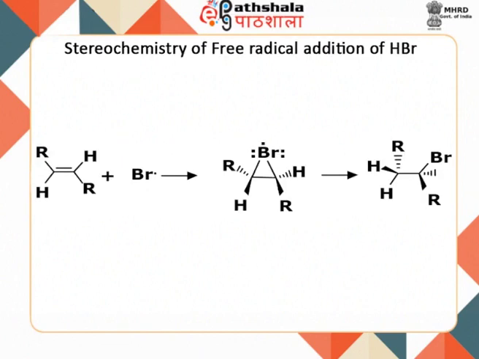We will discuss the stereochemistry of free radical addition of HBr to alkenes. This favors anti-addition. This is contrary to the concept that the free radical generated can also rotate about the C-C bond, having the radical sp2 carbon, to give a mixture of both syn and anti products.